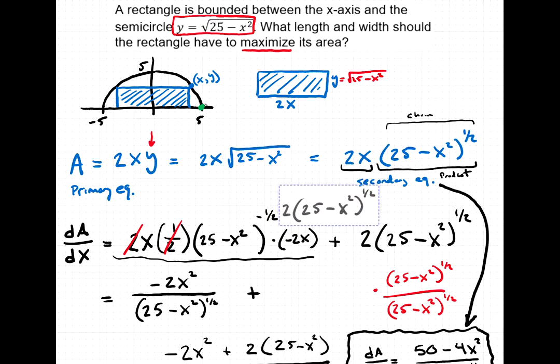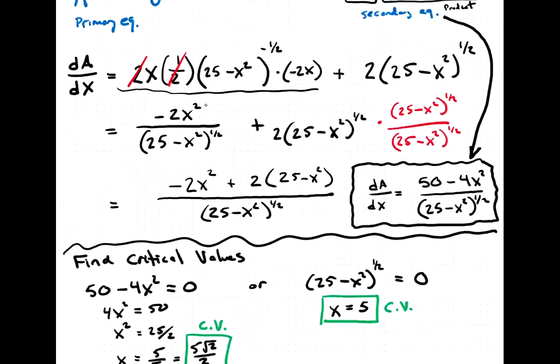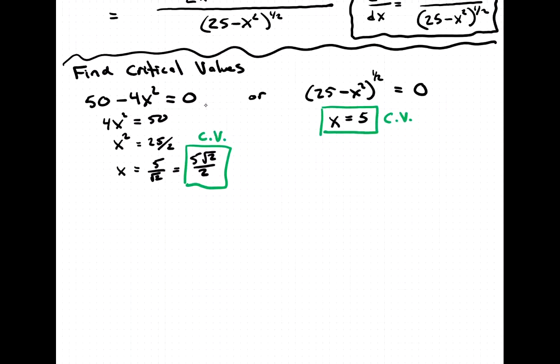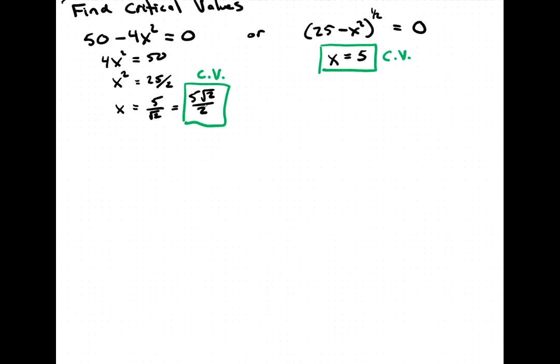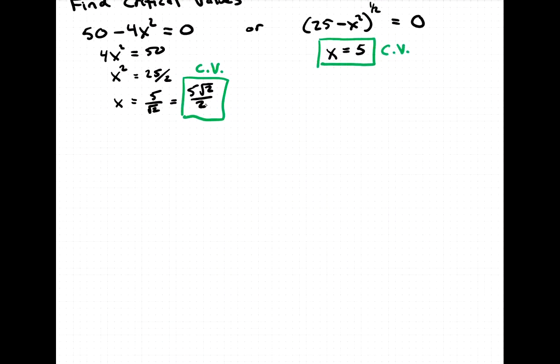And so let's just make sure that the 5 root 2 over 2 is actually a maximum. So let's apply the first derivative test.